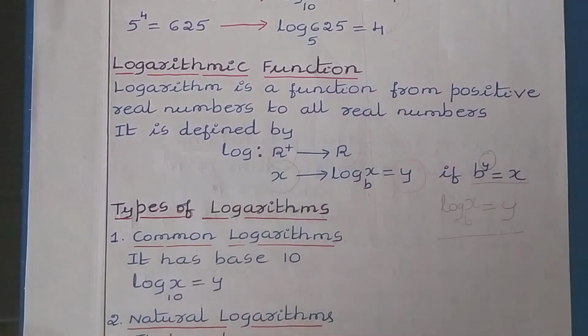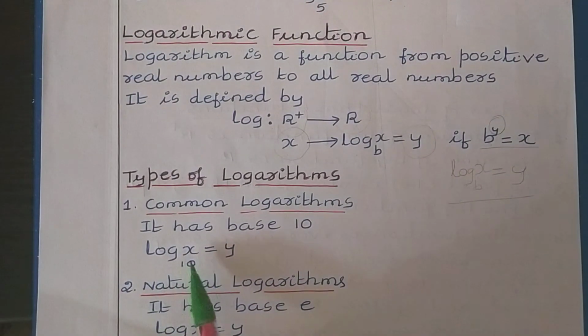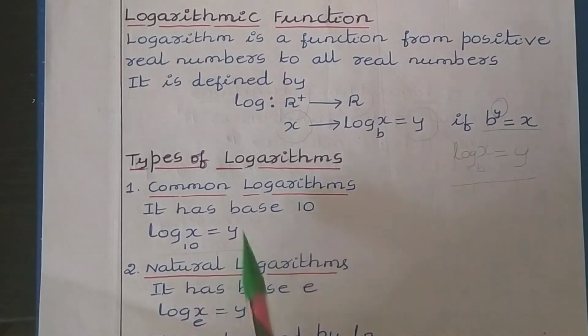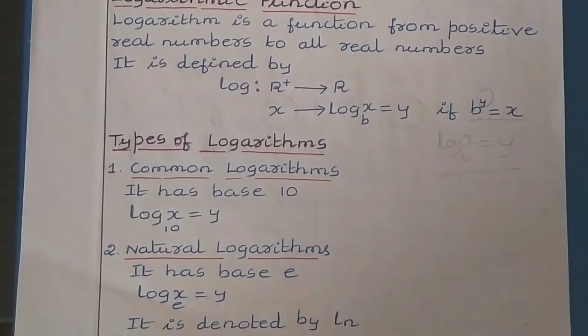And in the case of logarithms, we can have two types of logarithms. One is common logarithm, where here we use the base value as 10. Log x base 10 is equal to y. This is the representation for common logarithm. Next we have natural logarithm.